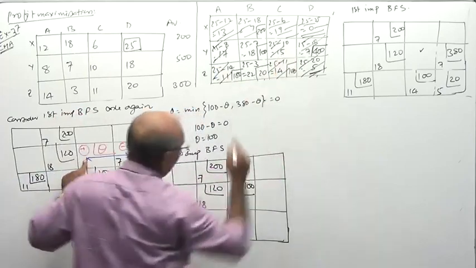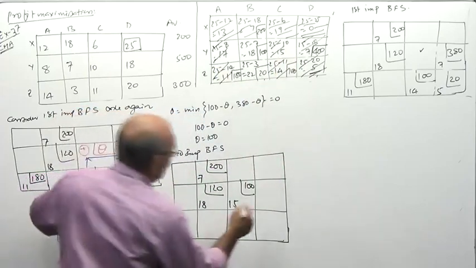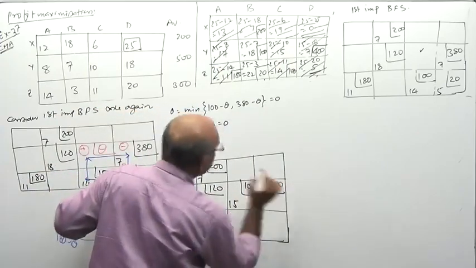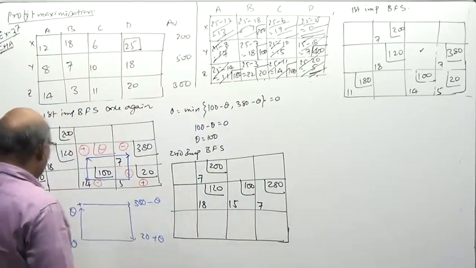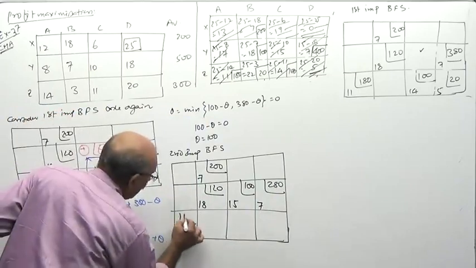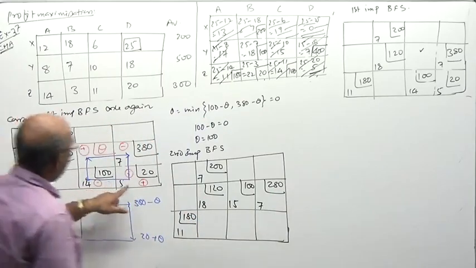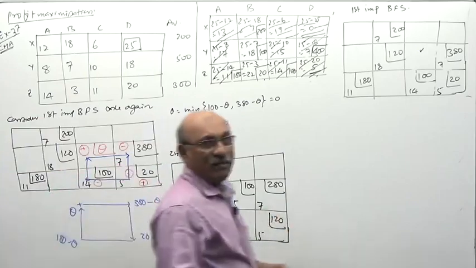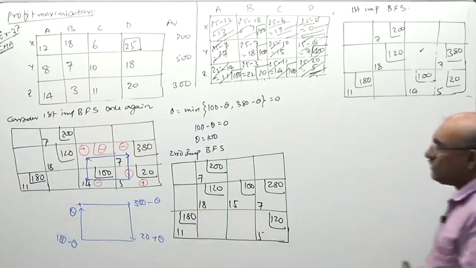Third row, third column, 15. 7, minus sign is there, 280. 11, 180. This will become an empty cell now. 5, 120, 100 units I'm adding. Okay, sir.